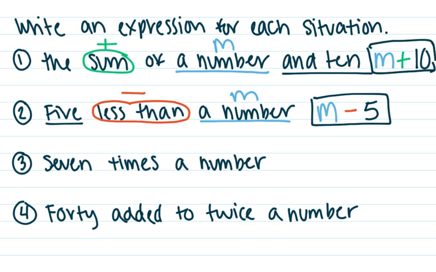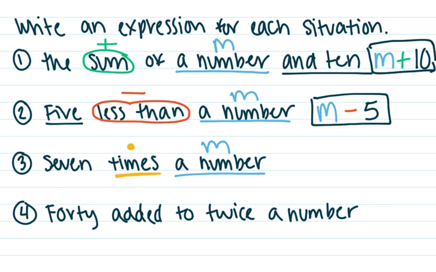Number 3, 7 times a number. Again, that unknown number is my variable M. And this one I feel like is pretty straightforward. It says 7 times, so that makes me feel like I am multiplying here.